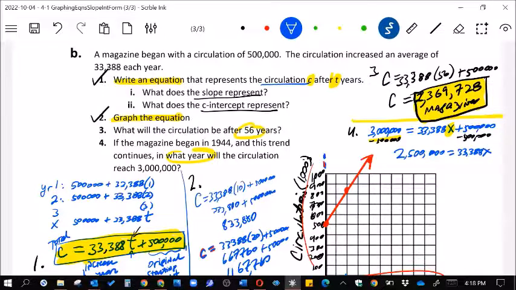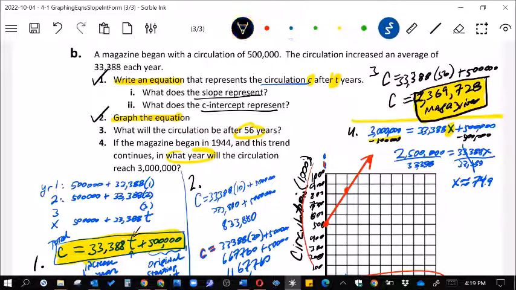And then we'll just divide by the 33,388. And that means that x is going to be equal to, since those cancel out, when we divide that, it comes to approximately 74.9. So we would say almost 75 years later.